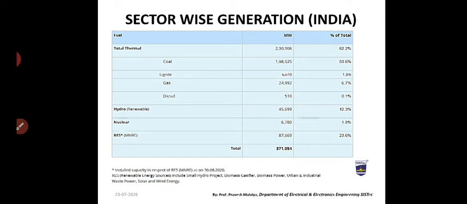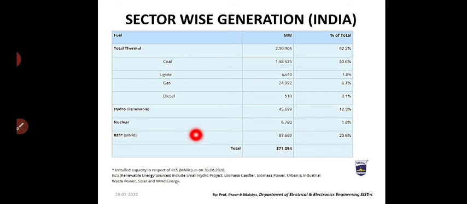Now this RES data is taken from MNRE, Ministry of New and Renewable Energy. In RES, we have seen great growth in the previous 4 to 5 years. Earlier it was 6 to 7%, but now it has gone up to 23.6%.